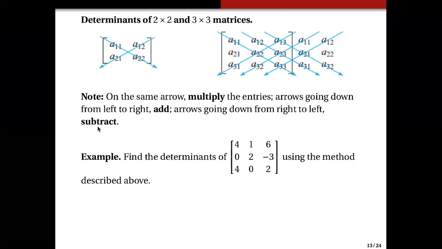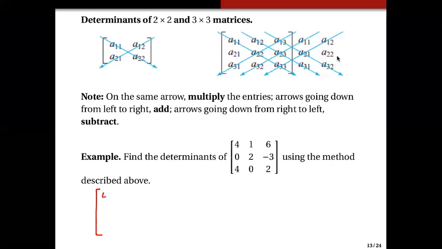For example, find the determinant of this matrix using the method described here. This is a 3 by 3 matrix. We first augment the first two columns of the 3 by 3 matrix. Let us write that. Let me adjust this, I will need some space there.